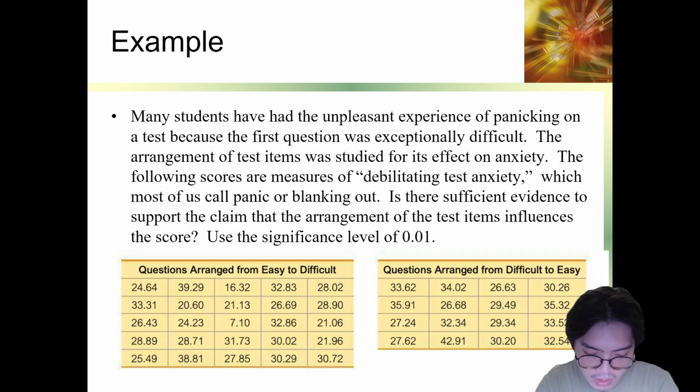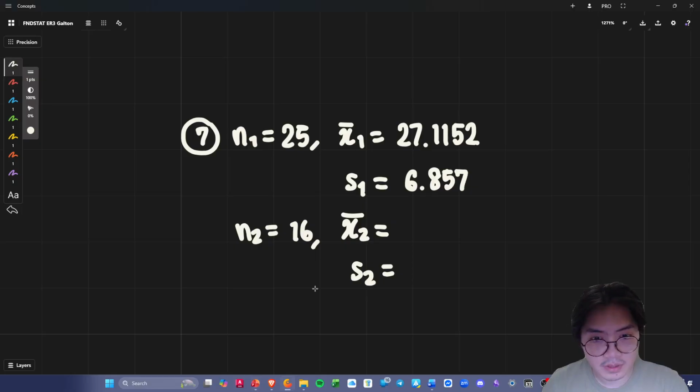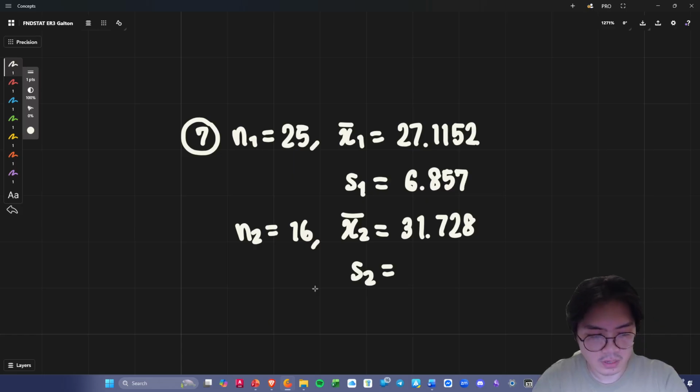Very, very stressed. 6.6049, 30.2, 30.35, 33. Those are 16 terms. Our X bar now is going to be 31.72. Whatever, that's enough. Then for our sample standard deviation, we get about 4.0.